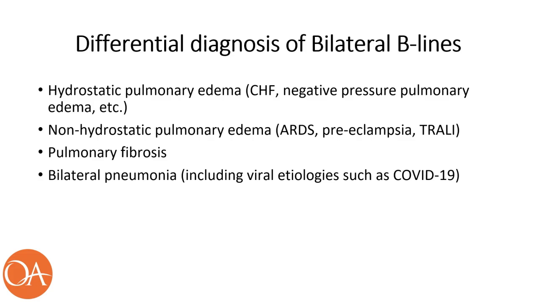On the other hand, non-hydrostatic pulmonary edema results from increased capillary permeability. This category includes conditions like acute respiratory distress syndrome, preeclampsia, or transfusion-related acute lung injury, where inflammation or injury to the endothelial cells is a key factor. We also must take into account chronic interstitial processes, such as pulmonary fibrosis, which can present with diffuse B-lines due to thickening of the interlobular septa.